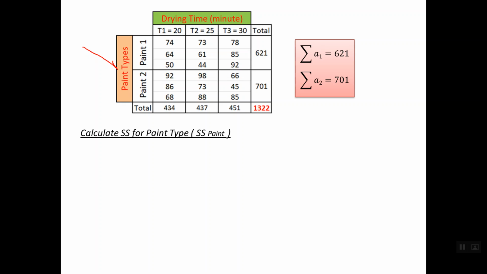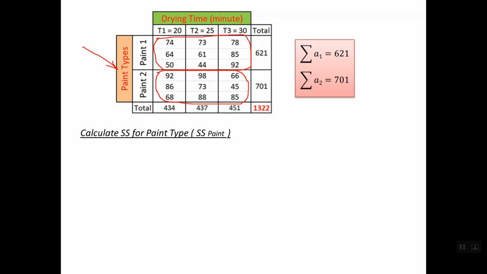We have two types of paint, and these are all the observations related to the first paint type, and these are the observations for the second paint type.